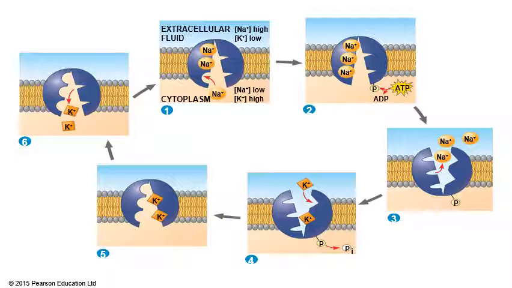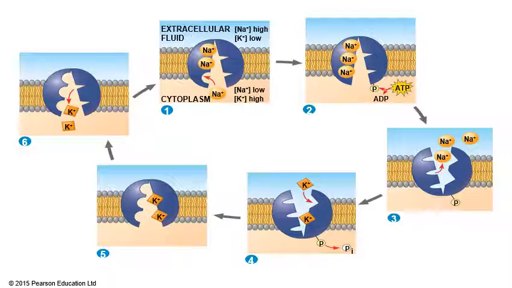Then K+ ions bind to the other side of the transport protein, and then go into the cell. So they kick out Na+ and hold K+ ions in the cell.